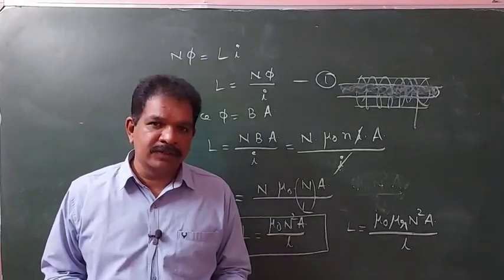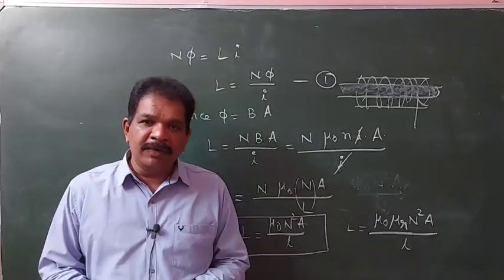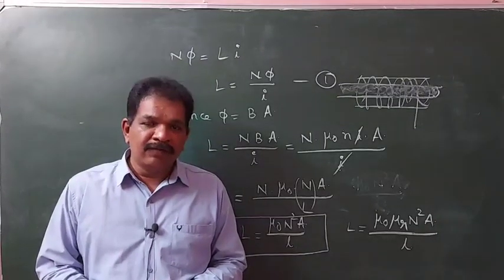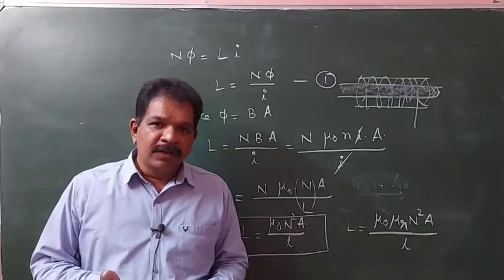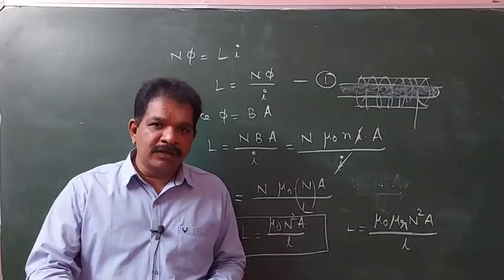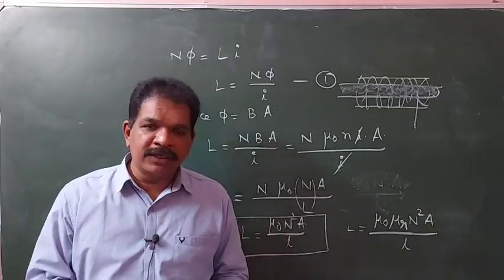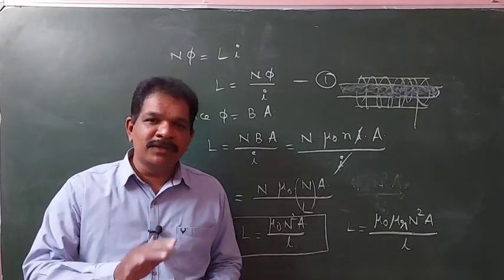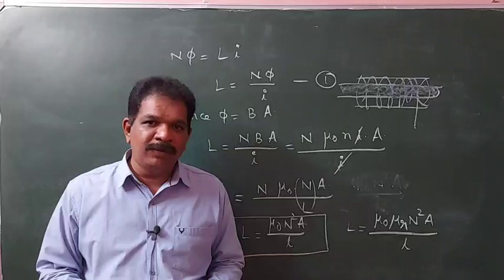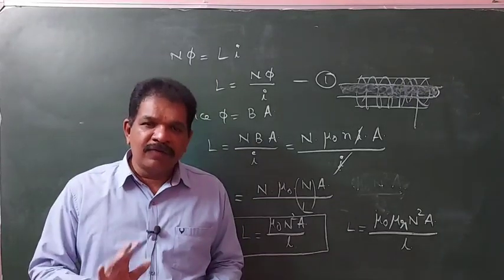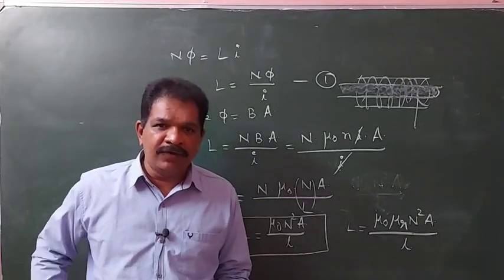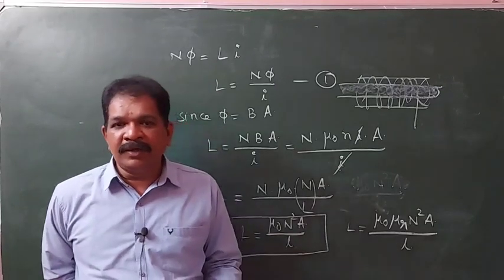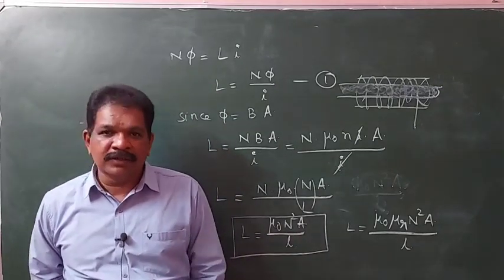Next, what is meant by self-induction? Self-induction means the current flowing through a circuit varies, changes. Then in the same circuit again EMF will be generated. That phenomenon is called self-induction. We also discussed what is meant by self-inductance.